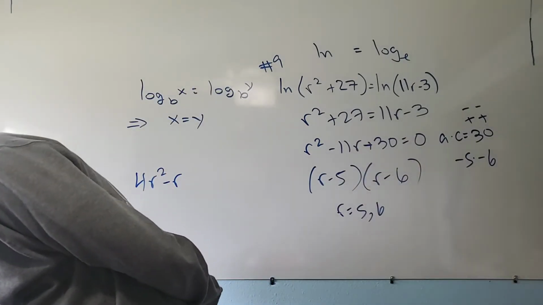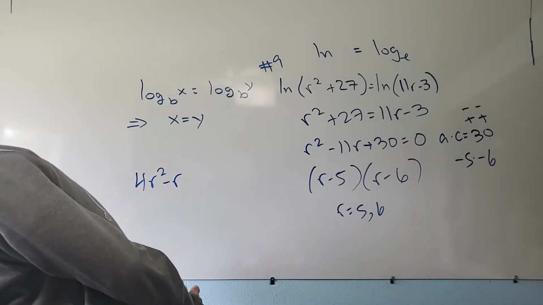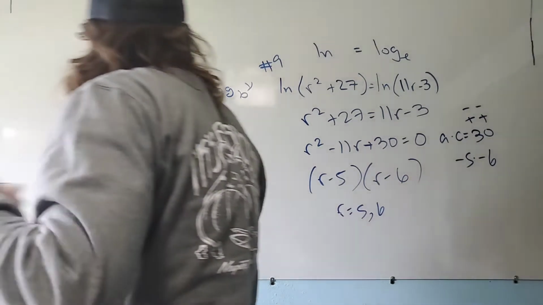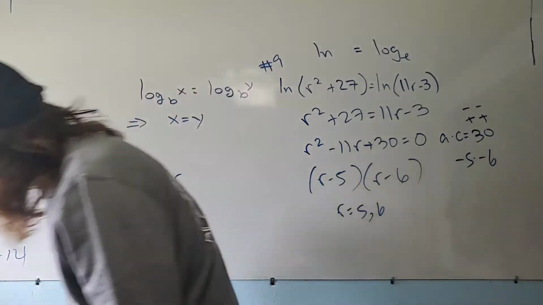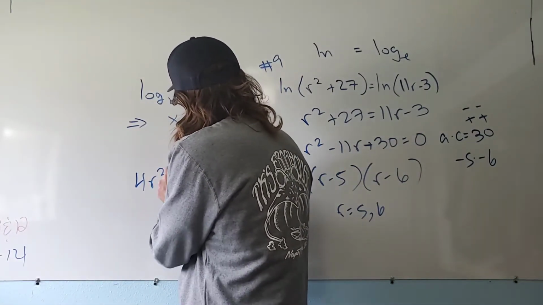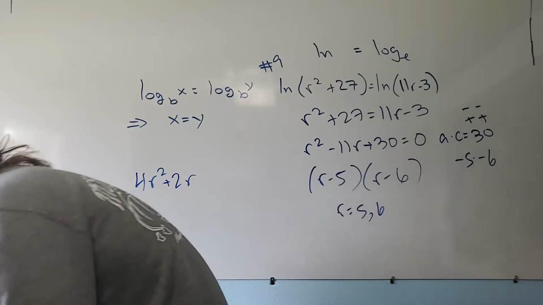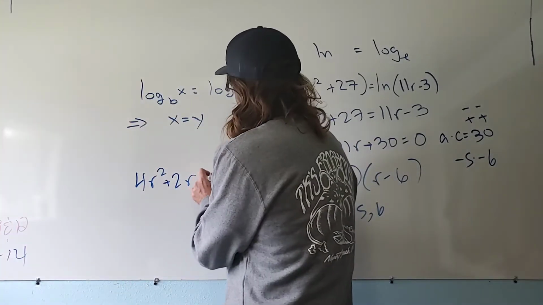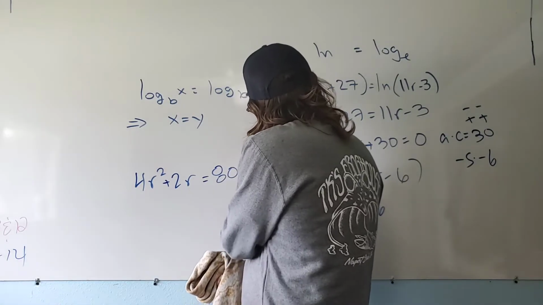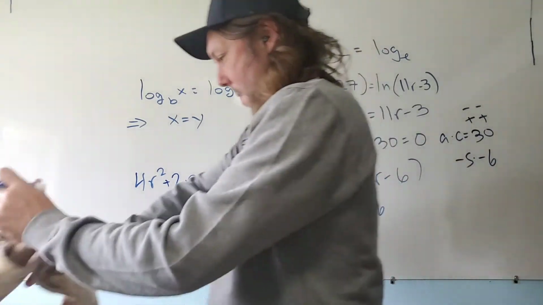And we're going to multiply, and we're going to say that. Oh, I made a big mistake here. Let me try to see. Well, actually, 4r squared plus 2r. Let's do this. Plus 2r. And that's equal to 80 plus 3r squared.